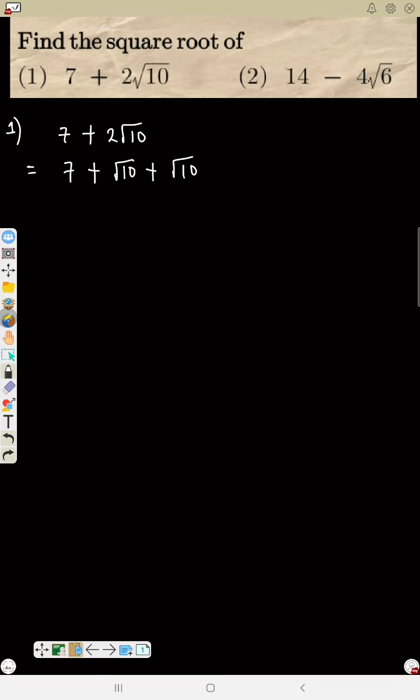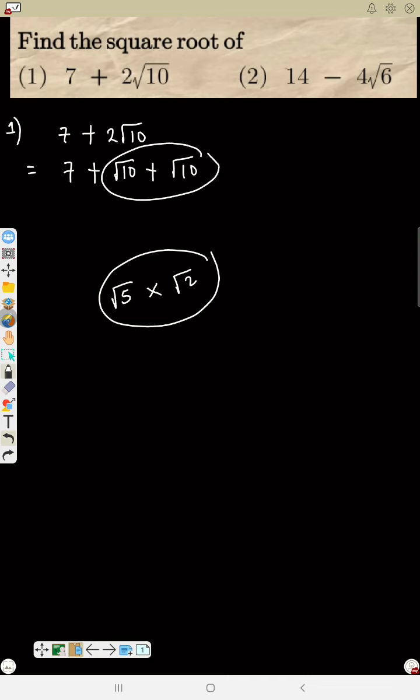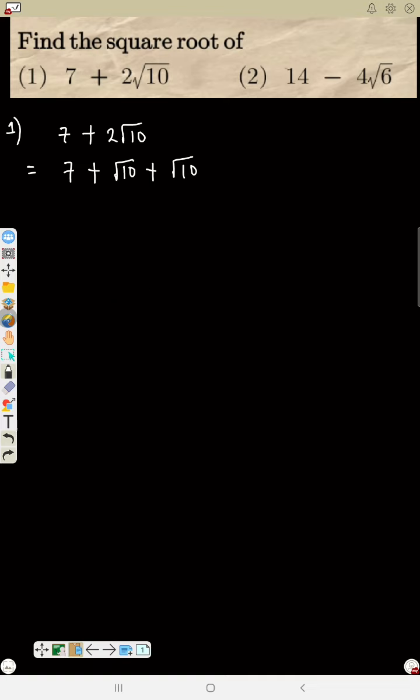And we have seen that we know that root 5 times root 2 will give us root 10 if you multiply. So root 5 times root 2 will give us root 10. So that means this is the same thing as root 5 plus, so that will be root 5 square, because 5 plus 2 is equal to 7.